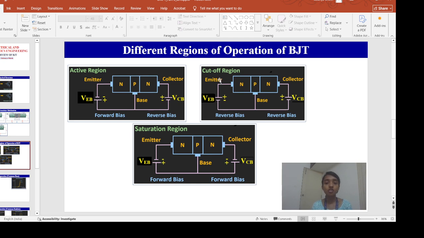In the cutoff region, both the emitter base junction and the collector base junction will be reverse biased, and here my BJT will work as an off switch. And in the saturation region, emitter base junction is forward biased and collector base junction is reverse biased. In this saturation region, my BJT will work as an on switch.